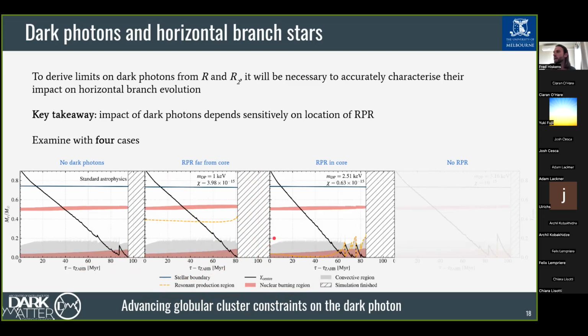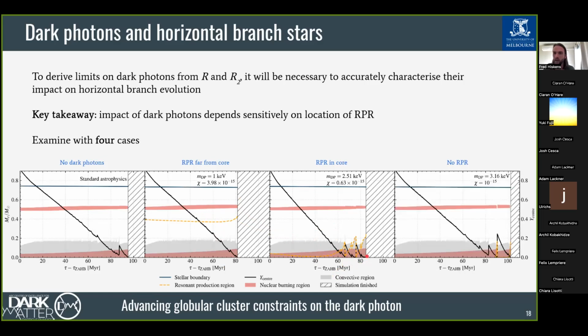So then looking at what happens if you have a resonant production region in the core, you can see that, again, for the first part, up to nearly 70 megayears, the evolution essentially qualitatively resembles this one. However, towards the end of the phase, it starts to suffer from very sizable and repeated core breathing pulses. So the net effect of this is that you go from a duration of just under 70 megayears to over 80.